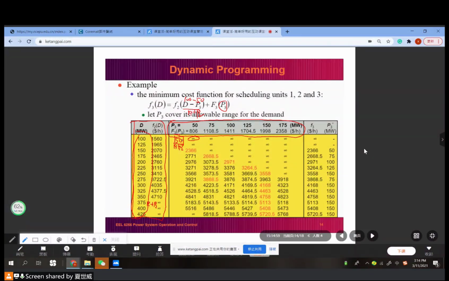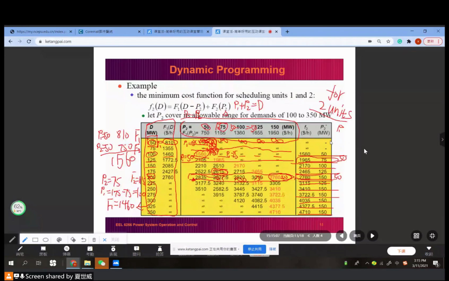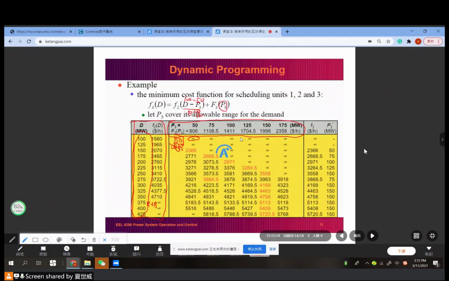So P1 plus P2 is 50, which is infinite cost because it is impossible. Total load 50 is infinite. Similarly, we can count the element in this row, and it is also impossible for this row.